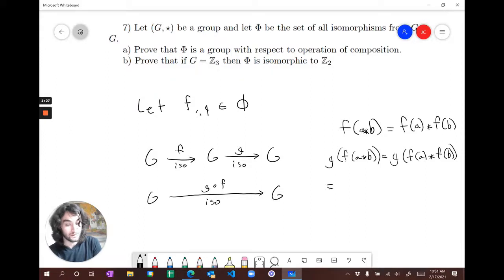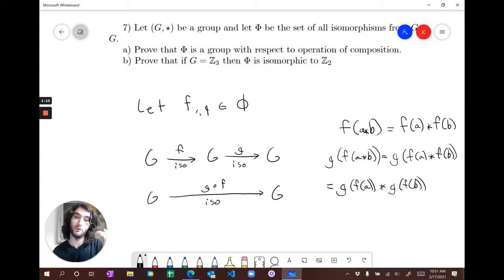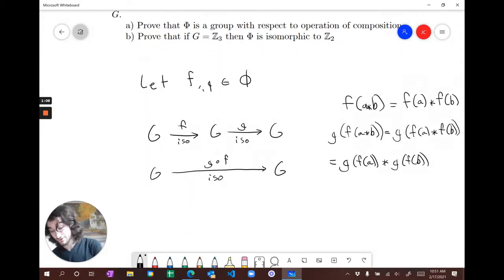And then G respects the operation too, so that's got to be the same as this, G of F of A star G of F of B. So the point is, because they both respect the operation, then so does their composition. And also, because they're both bijections, then so is their composition. So G composed with F is also an isomorphism from G to G.